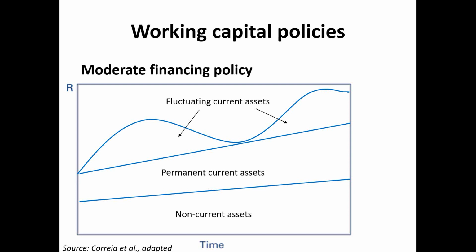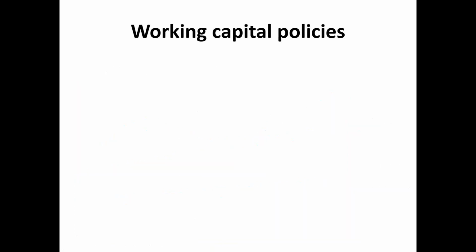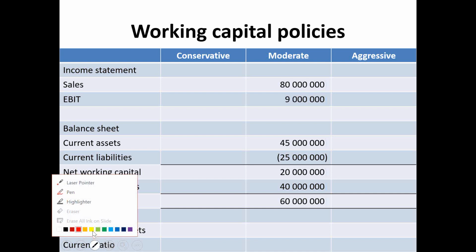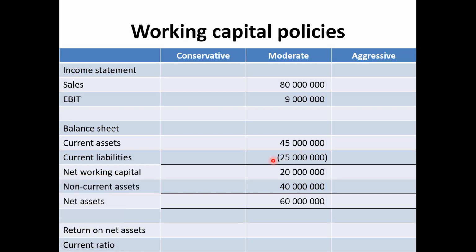If we look at how this plays out in a set of financial statements, then we see here we have a company with a moderate financing policy. We see over here that the company has more current assets than current liabilities.